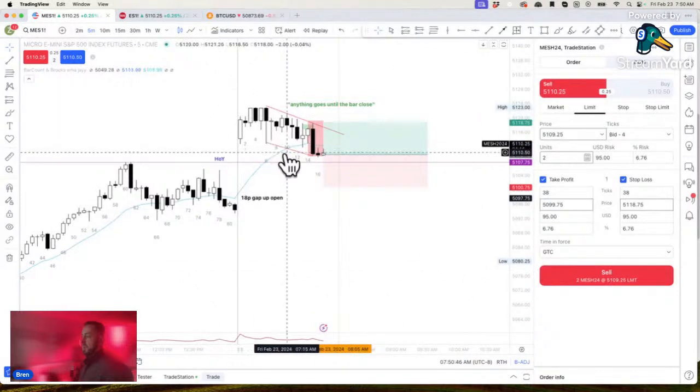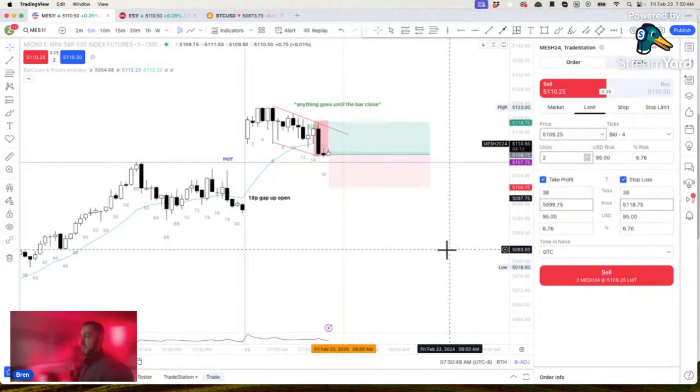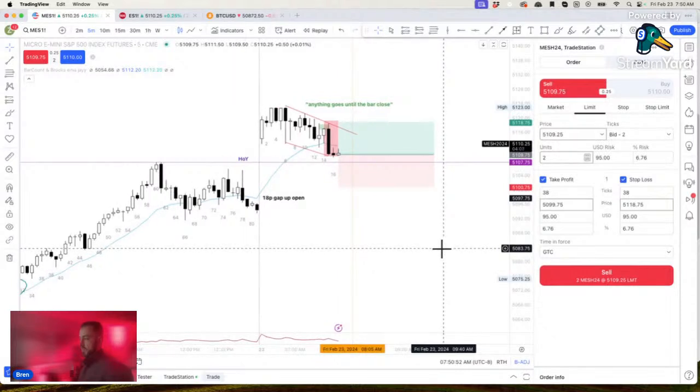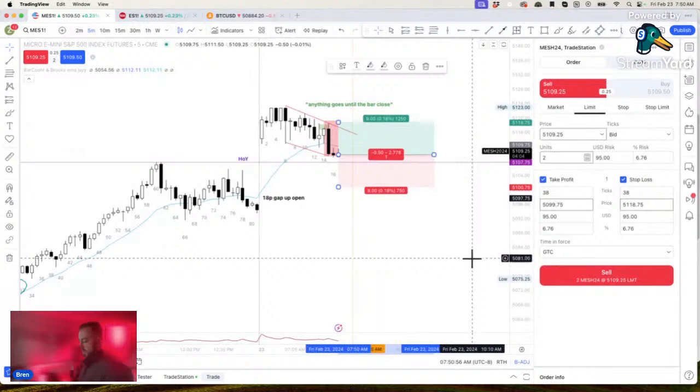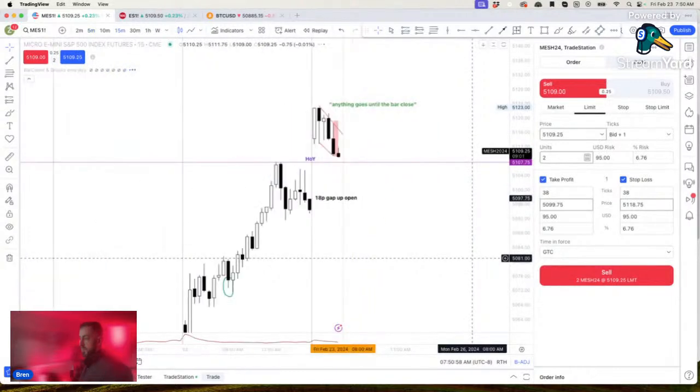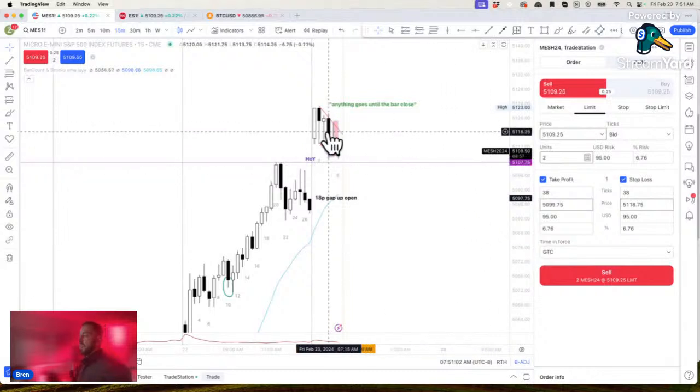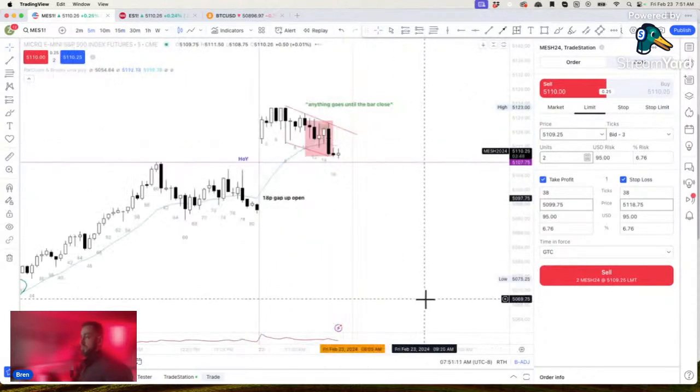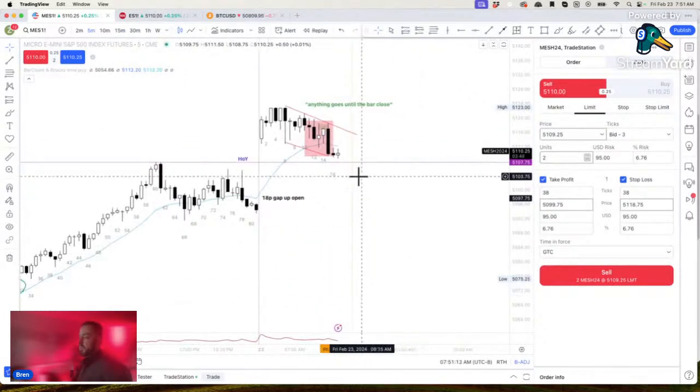I'm tempted to buy because it's the bottom of this channel, but I will not. On the 15-minute time frame, okay, so now we've got two strong bear bars, right? That's what that looks like on the 15-minute time frame. But let's see what happens.